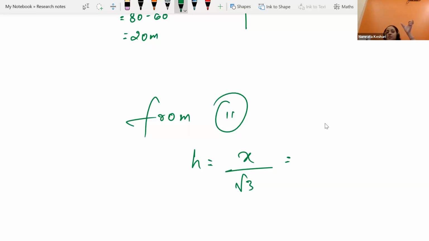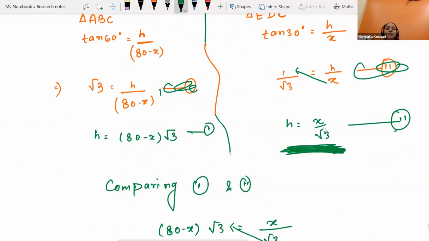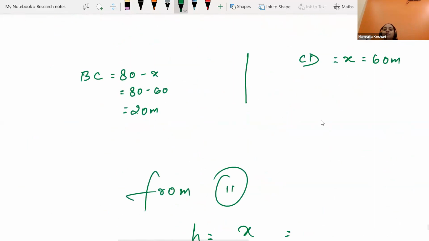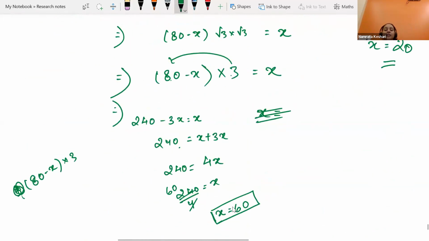If we take this one as x and that one as 80 minus x, then we will be getting x value as 20. Let me tell you, that is correct. But if you are doing along with me and then also you are saying that from the calculation part we are getting 20, that I will not accept. You must be clear with the calculation part.